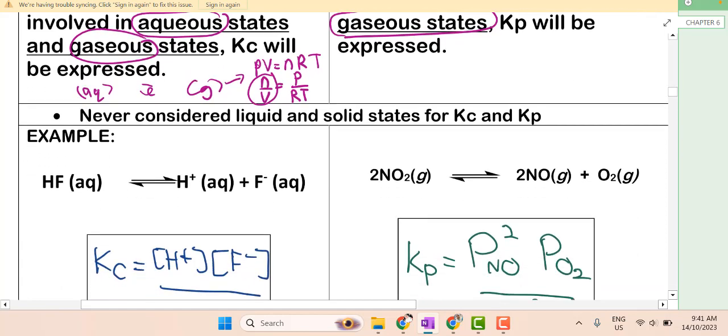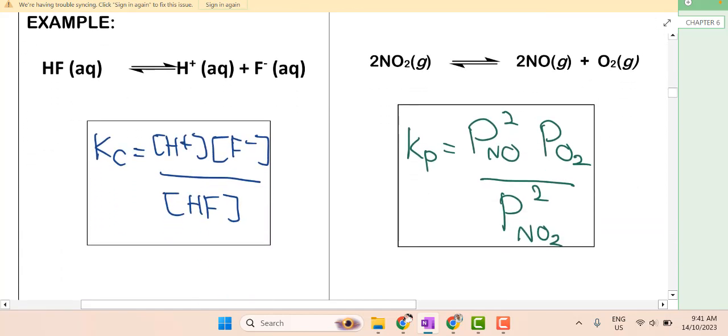If we look at the example here, Kc will take aqueous and also gas, so we take everything: the concentration of H+ multiplied by the concentration of F- divided by the concentration of HF.